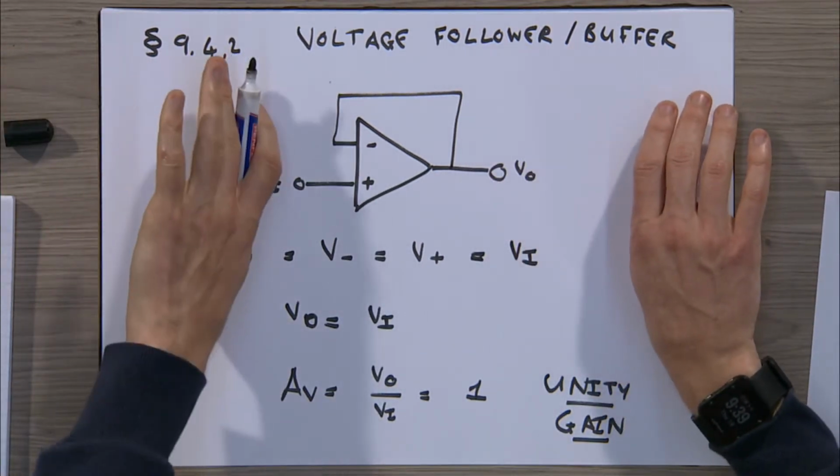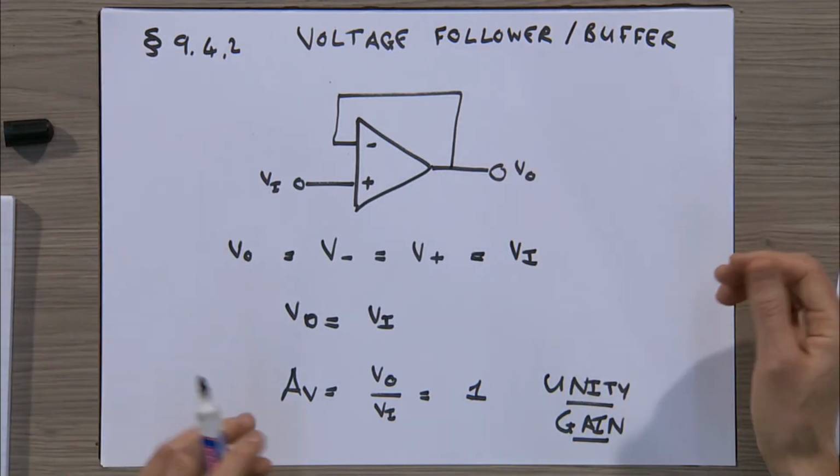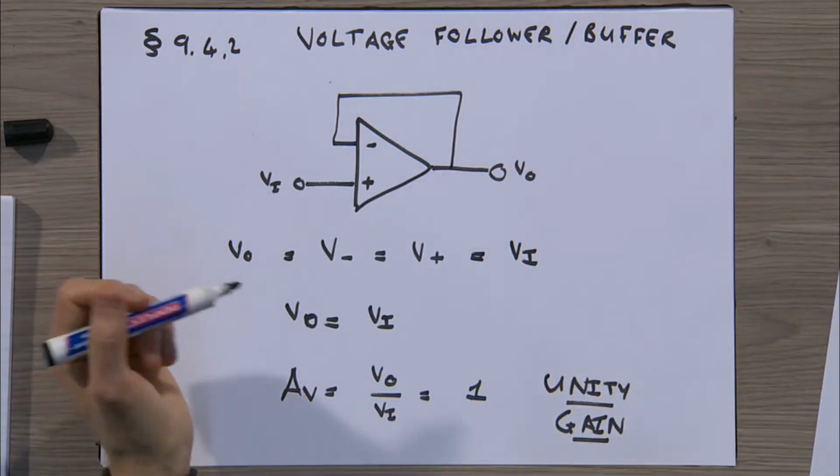So whatever is connected before it and whatever is connected after it, we can analyze separately. Let's have a look at the microphone and speaker example that we had previously in the course and see how using this buffer can help us to more efficiently transfer power between the microphone and the speaker.